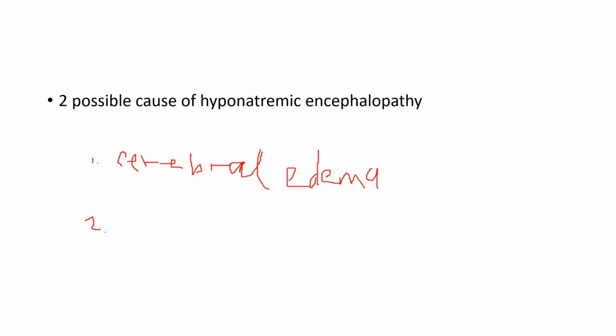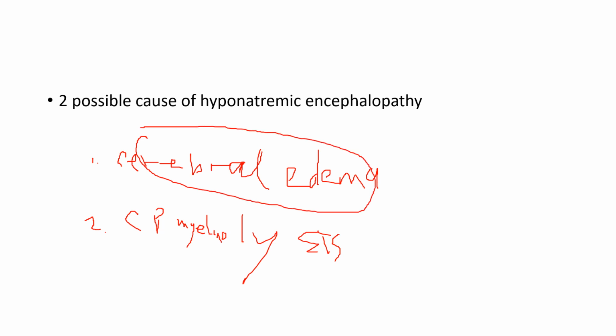This produces what's called central pontine myelinolysis, with subsequent pituitary damage and oculomotor nerve palsy. ده السببين للhyponatremic encephalopathy, either by the hyponatremia itself, it produces cerebral edema and increase ICP and seizures.